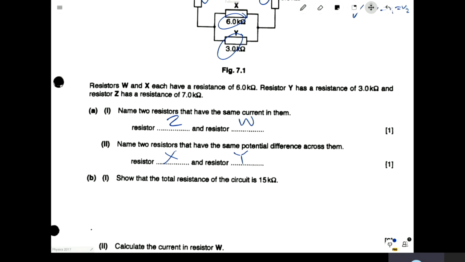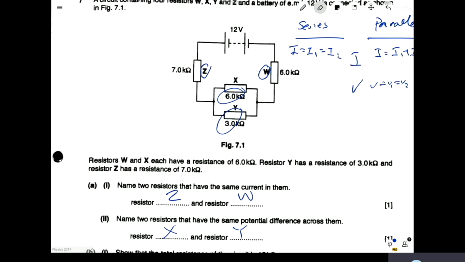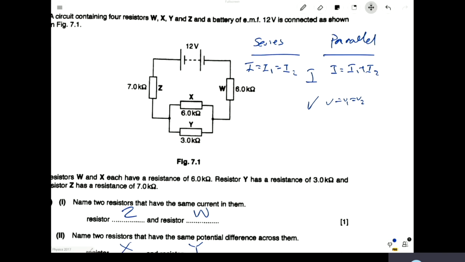Alright, show that the total resistance is 15. They use the formula, right? What's the formula for resistance? For parallel, 1 over RT equals 1 over R1 plus 1 over R2. For series, RT equals R1 plus R2. You have to memorize this.